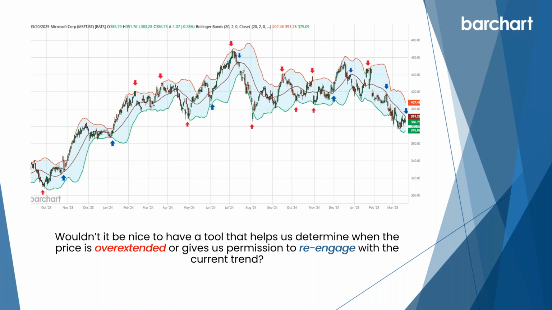And since Bollinger Bands are based on volatility analysis, another application takes into consideration the width of the bands. In low volatility conditions, bands contract, and in high volatility, they expand. Now, these two conditions can be the precursor to changes in volatility and, more importantly, price movement.